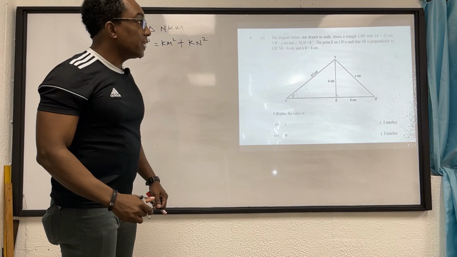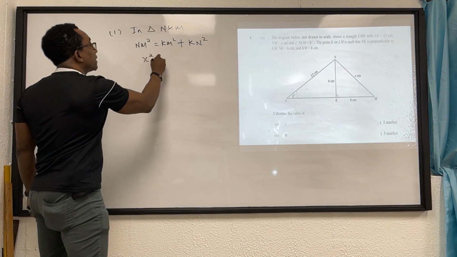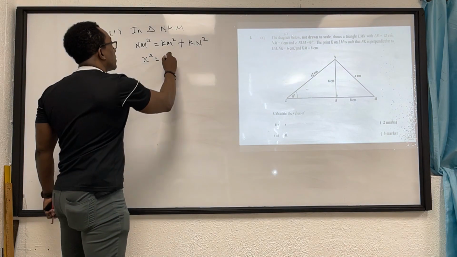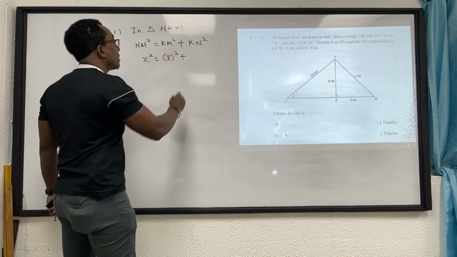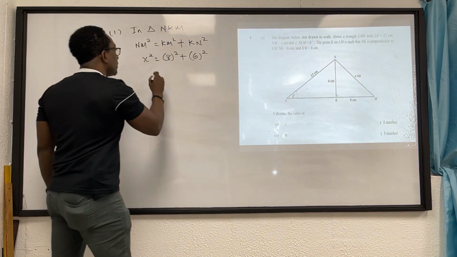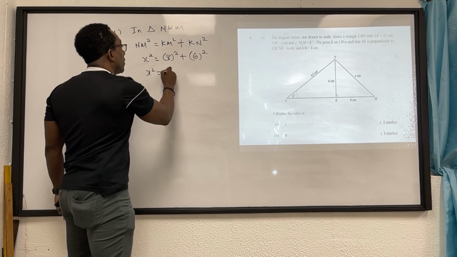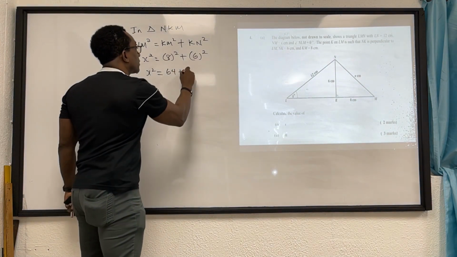After creating an equation, let's substitute. We're going to replace NM with x in brackets squared. We're going to replace KM with 8 in brackets squared. Plus we're going to replace KN with 6 in brackets squared. And therefore x squared is equal to 8 squared, which is 64, plus 6 squared, which is 36.